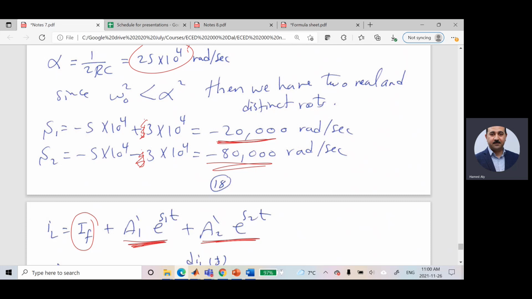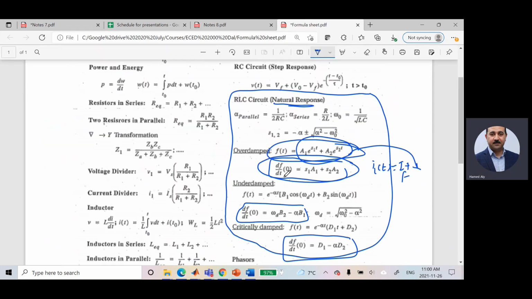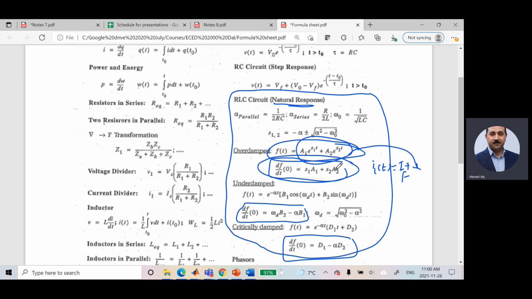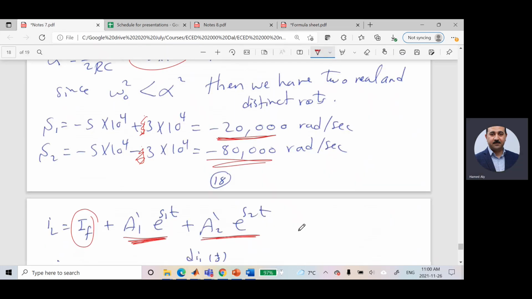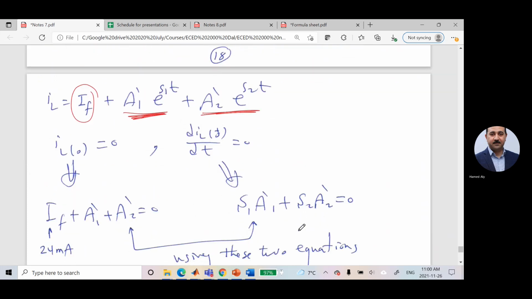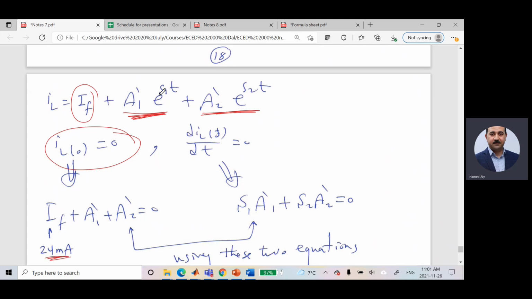Now, I will try to write the two initial condition equations. What are those? Actually, df of 0 by dt is equal to this guy, and f of 0. So I'm going to write here iL of 0, which is equal to IF, which is given 24 milliamps, plus A1 times e to the power 0, which is 1, so I have A1, plus A2 times e to the power 0, which is A2.